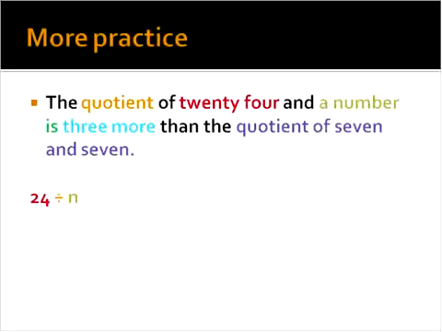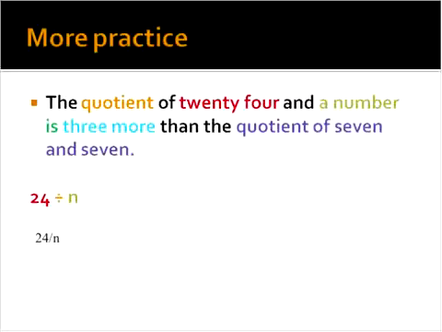So the first part of this translation will say 24 divided by n. The quotient of 24 and a number means 24 divided by a number. Quotient means division. So when we say the quotient of 24 and a number, that's what we write, 24 divided by n. You may also see this written in this way.